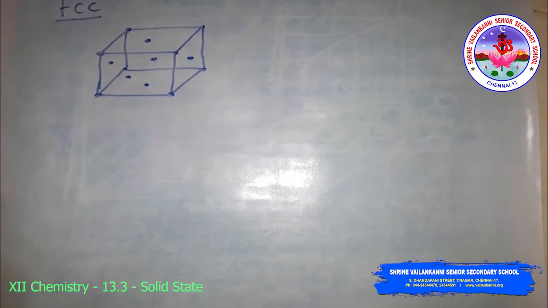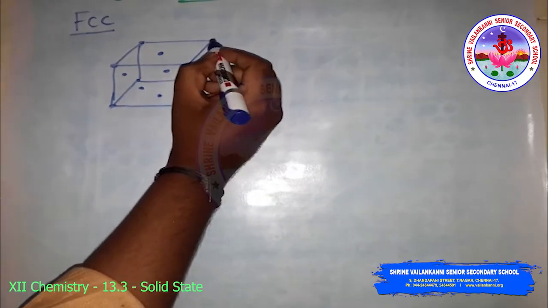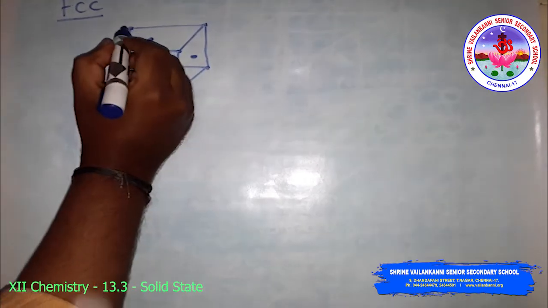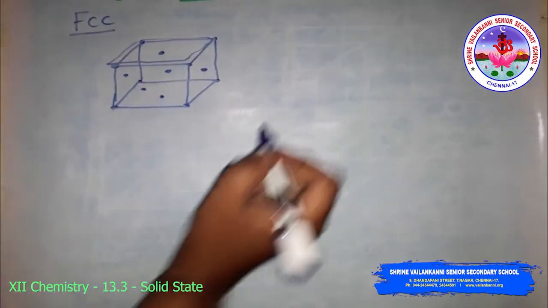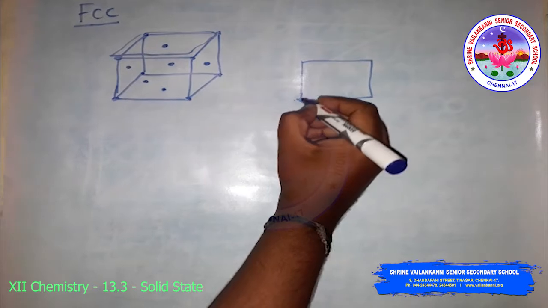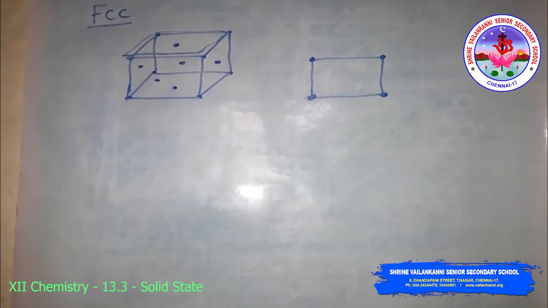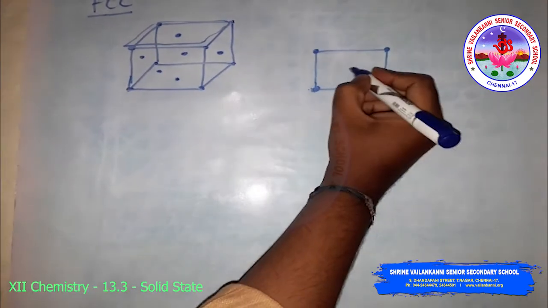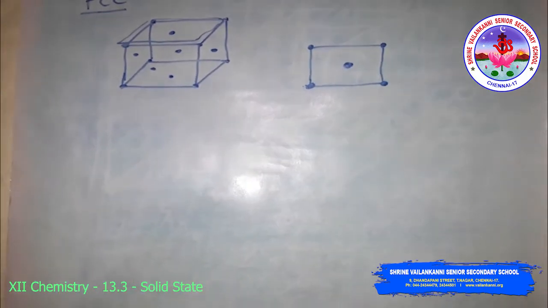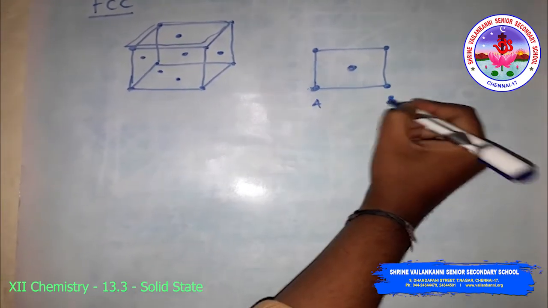So in FCC, each face, we take the 4 corner atoms. I am taking the upper side, so this is the face. Now this is A, this is B and this is C.